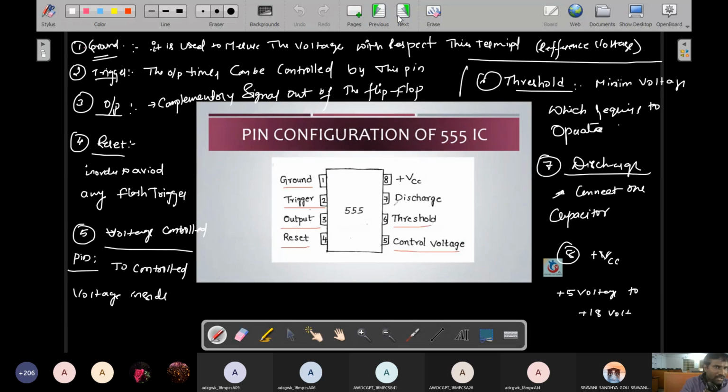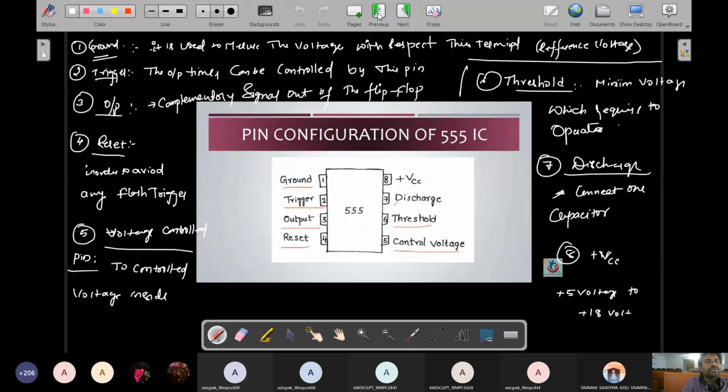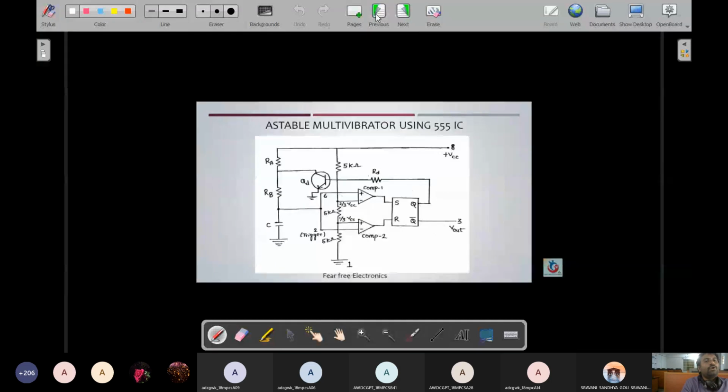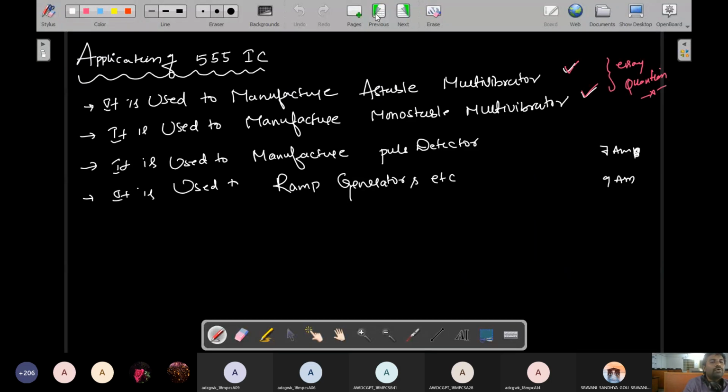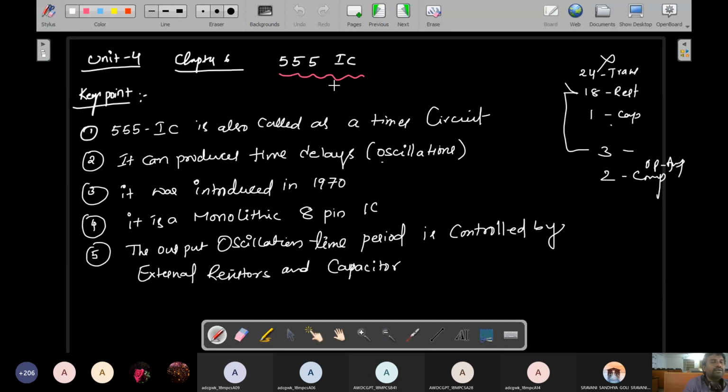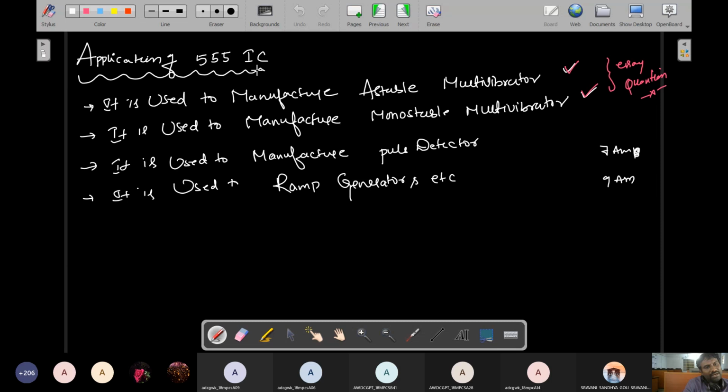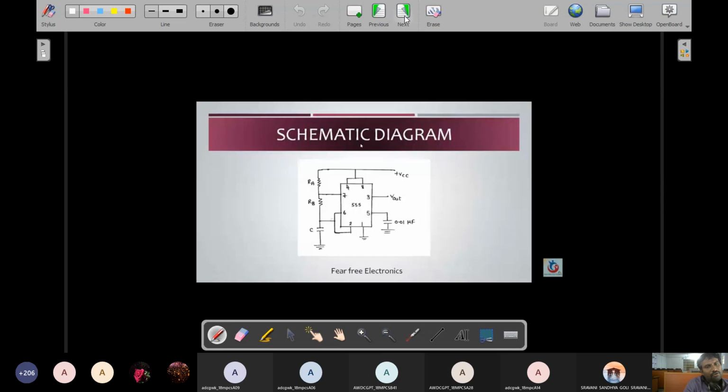Next, I'll move on in today's class. Okay, 9:36. First of all, I explained the 555 IC key points. After that I explained the applications of the 555 IC, and after that the pin configuration.